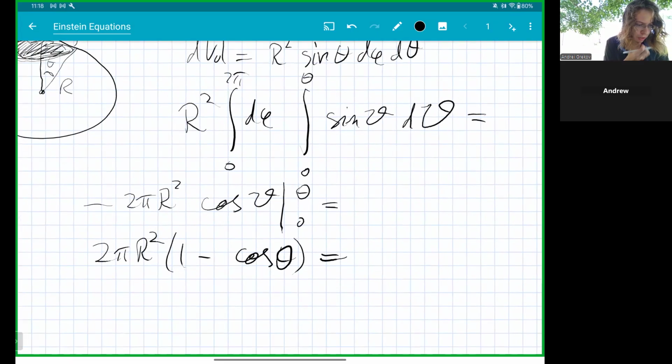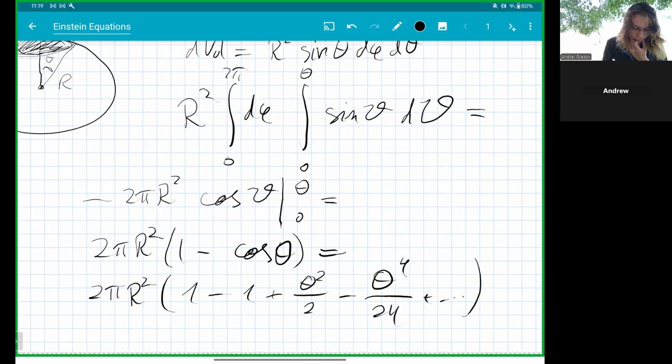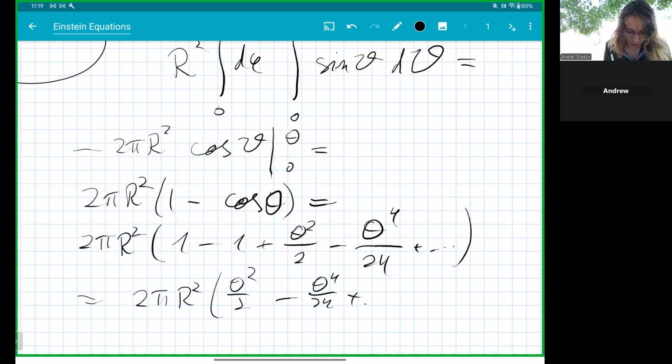and we could expand it a little bit like this: 1 minus (1 minus theta squared over 2 plus theta to the power 4 over 24 minus dot dot dot). This will give us 2 pi r squared times (theta squared over 2 minus theta to the 4 over 24 plus dot dot dot).